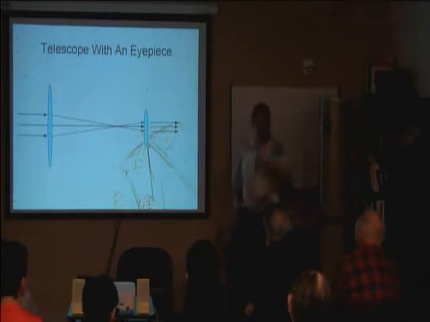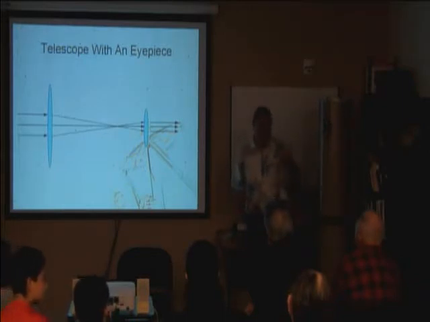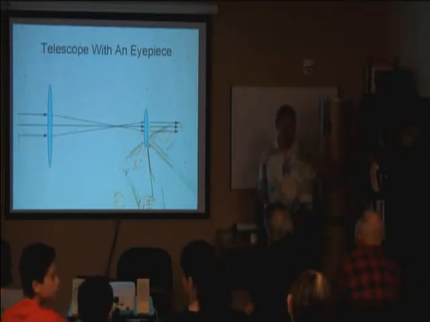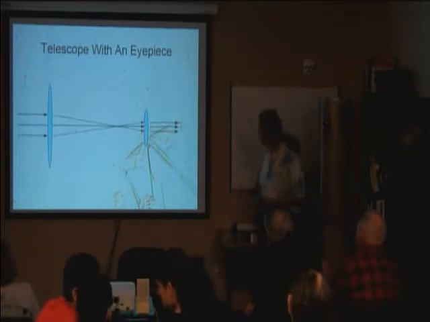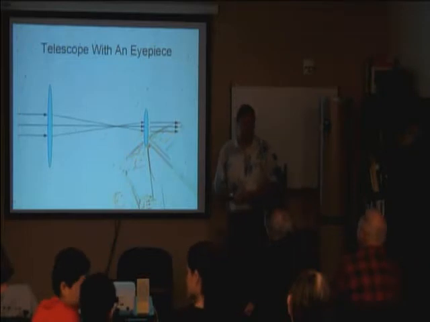Well, because we want to look through the telescope. This is a telescope that we are going to put our eye up against. And so we want parallel rays again. So you don't really look at the focal point, you're looking at the parallel rays. Yeah.